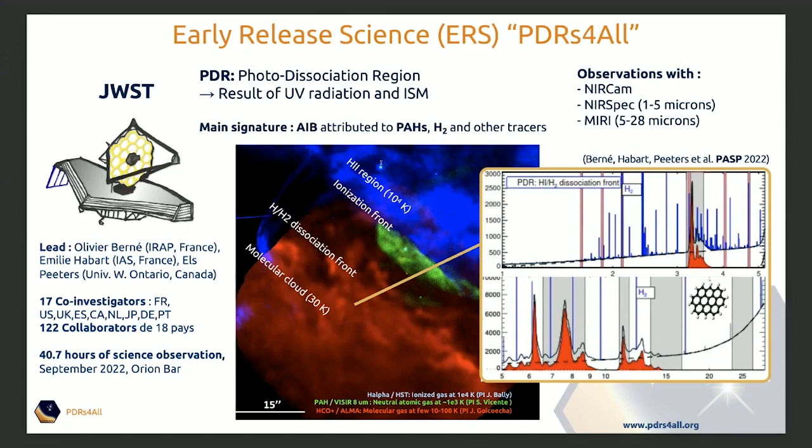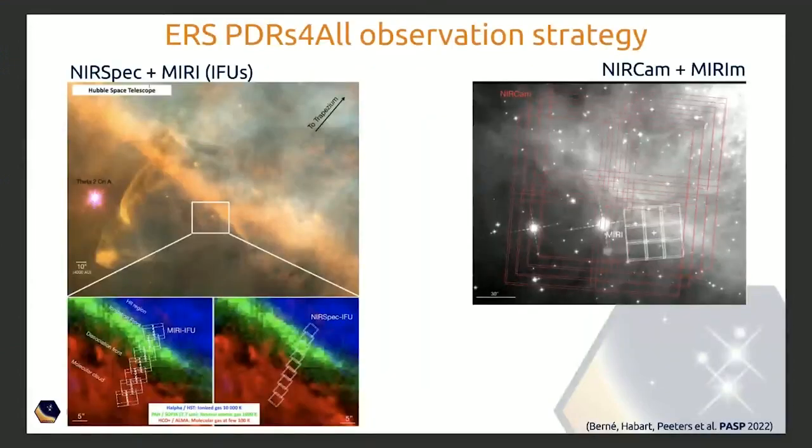More precisely, if you look at the Orion Bar at visible wavelength here, this is a visible image obtained with the Hubble Space Telescope, and you zoom into this small region here, you find again this three-color background image as in the previous image, and here you see the fields of view of the MIRI and the NIRSpec IFU spectroscopic mosaics that we will obtain as a cut across the PDR in this region.